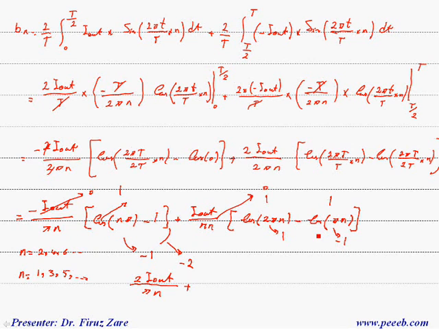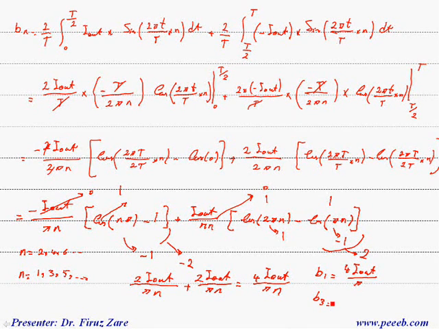Minus times minus is plus, so again this whole term is plus 2. So 2 times this term is 2 I out over pi n. So we have 4 I out over pi n. For example, in this case B1 is 4 I out over pi, or B3 is 4 I out over 3 pi.